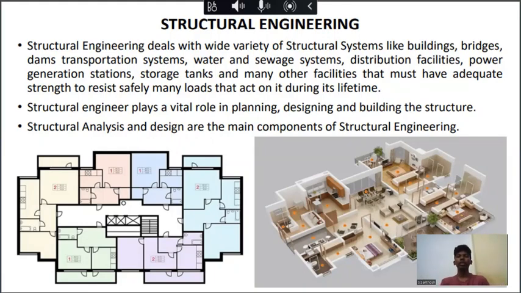So in structural engineering, we'll study the structure of the building or any other construction, that is, the dams, whether they are strongly built and sufficient to hold the load that is acting on them, and so on.